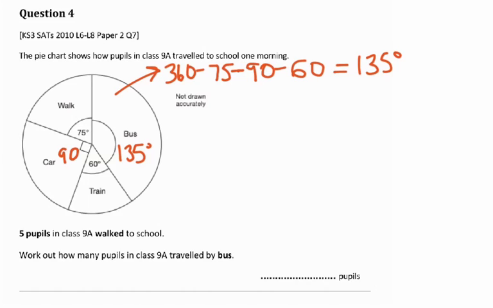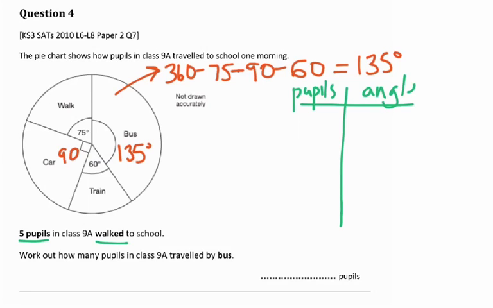Okay, so the next bit of information it says to me is that 5 pupils walk to school. So I'm going to draw myself a nice little proportion table. So I know that we'll go for pupils and angle.